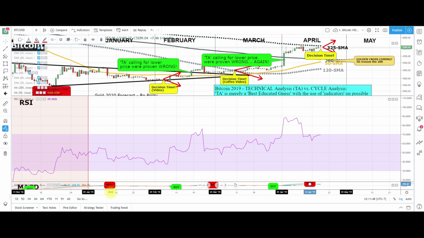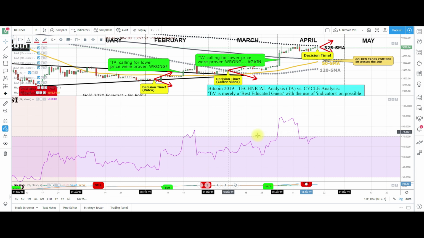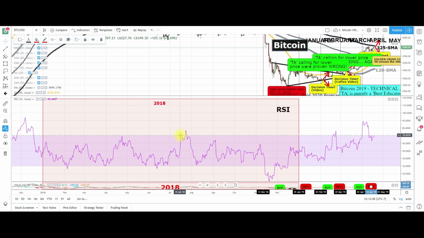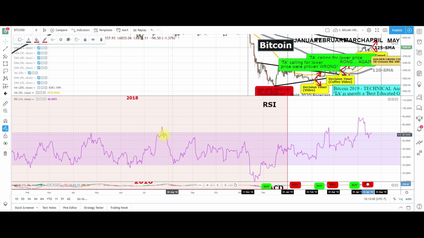And for that specific reason alone, the RSI can easily clear here over the 70 range as it did in 2017. But those analysts who do not understand or believe yet that Bitcoin is in a bull market are very hesitant and scared to be buying here, and in fact, many of them are selling.